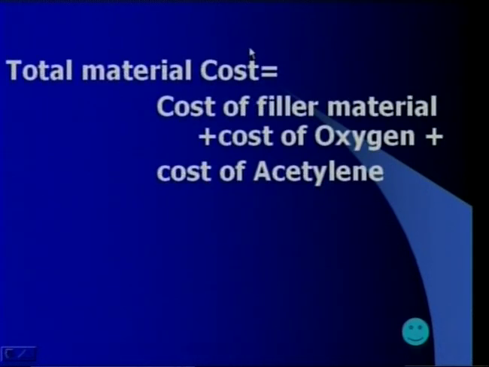After getting this, we have to add up all the costs. The total material cost in gas welding is obtained by adding the cost of the filler material, plus the cost of the oxygen consumed, plus the cost of the acetylene consumed.